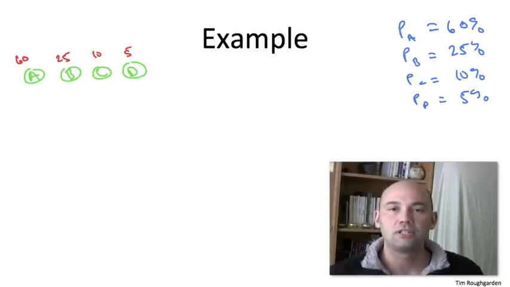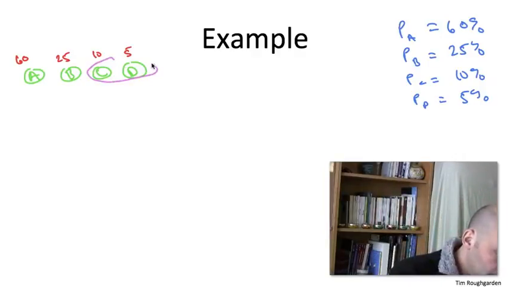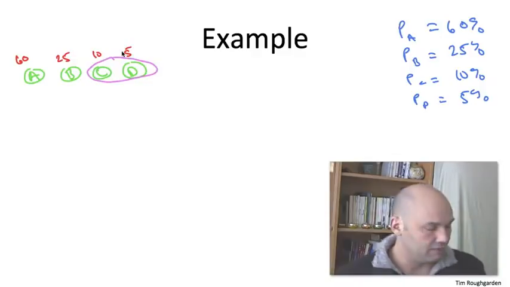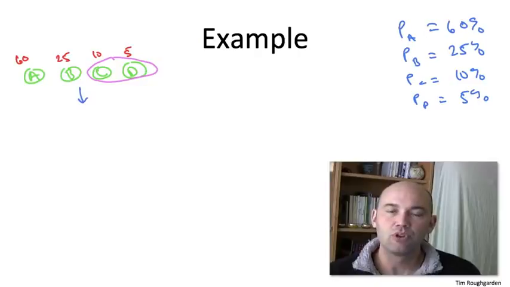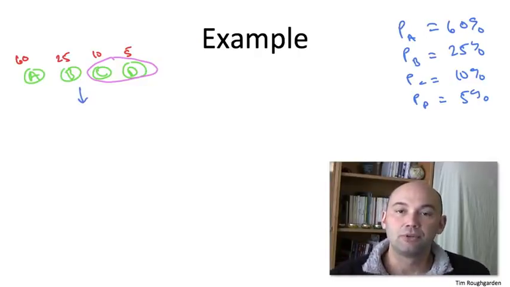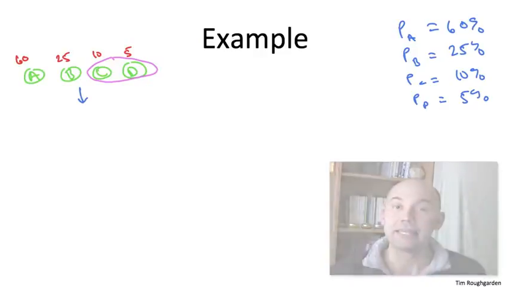The greedy heuristic says initially we should merge together the two nodes that have the smallest frequencies. So that would be the C and the D with their frequencies of 10 and 5. Now, based on the idea of the last slide, when we merge C and D, we replace them with a meta symbol CD, whose frequency is the sum of the frequencies of C and D, namely 15.